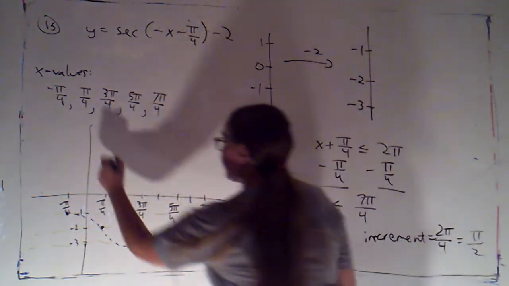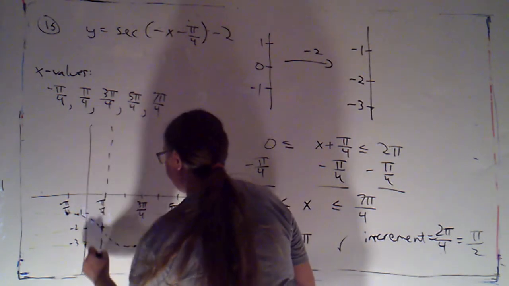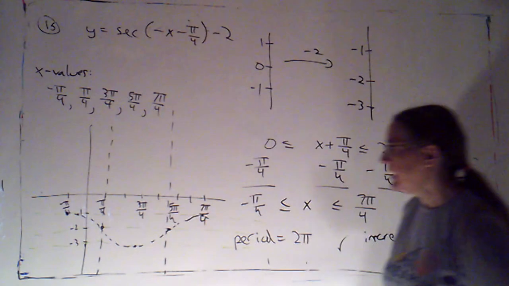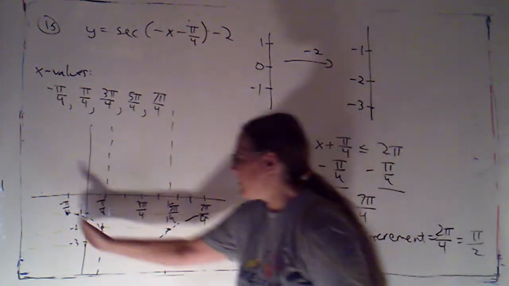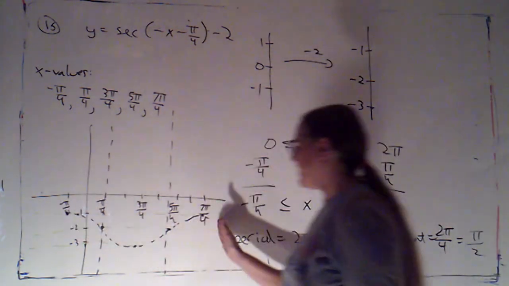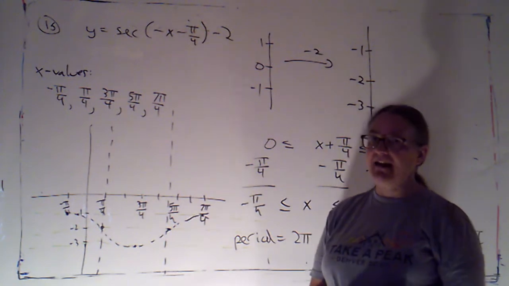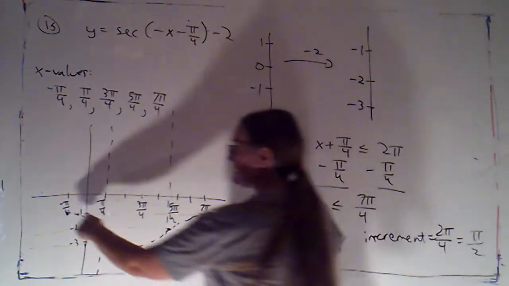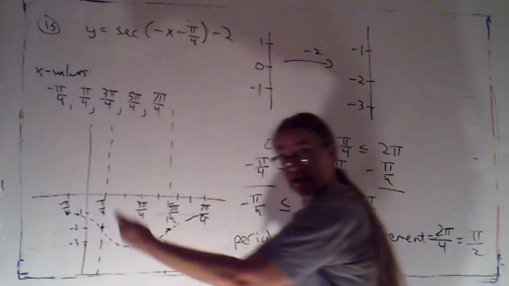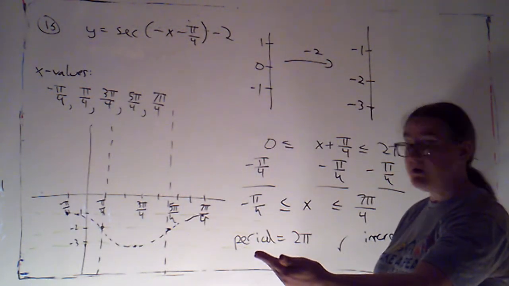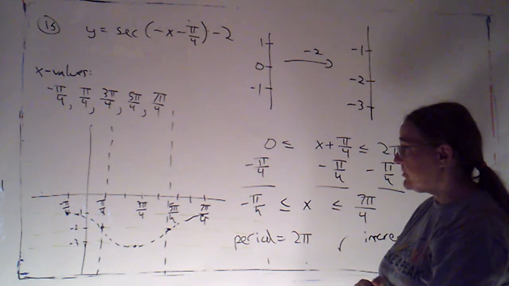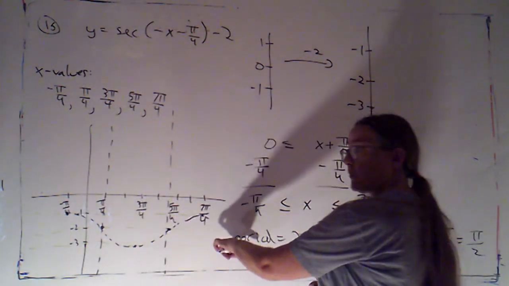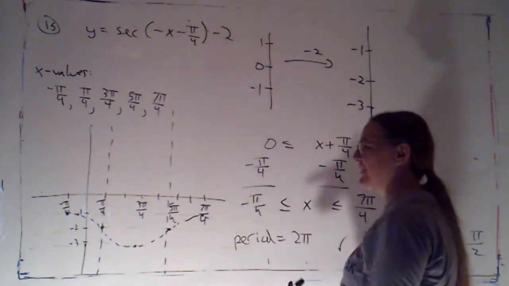So I can see I'm going to have an asymptote at pi over 4, and I'm going to have an asymptote at 5 pi over 4, but I don't have an asymptote at my starting point and my ending point, and I always want to start and end at an asymptote. So I either need to extend the graph to the left until I hit the next point where I would be at a middle value, and then draw in that asymptote, and then I could go from here to here, or I could extend this to the right until I hit the next place where we're at a middle value.